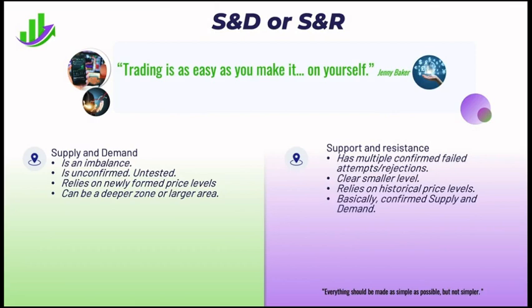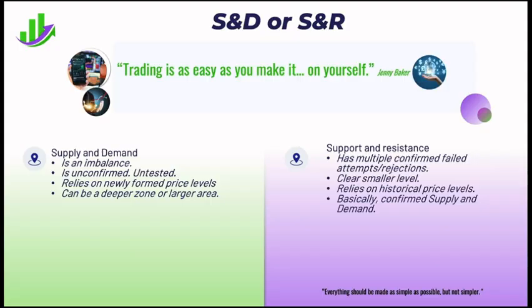It also can kind of be a deeper zone or a larger area, where support and resistance, on the other hand, has multiple confirmed failed attempts or rejections, is usually a much smaller, clear price level or area on a chart, relies solely on historical price action and price levels where prices stopped before, and basically all it is is confirmed supply and demand. So for that reason, I obviously lump all this together and make it a really easy to see area of interest.